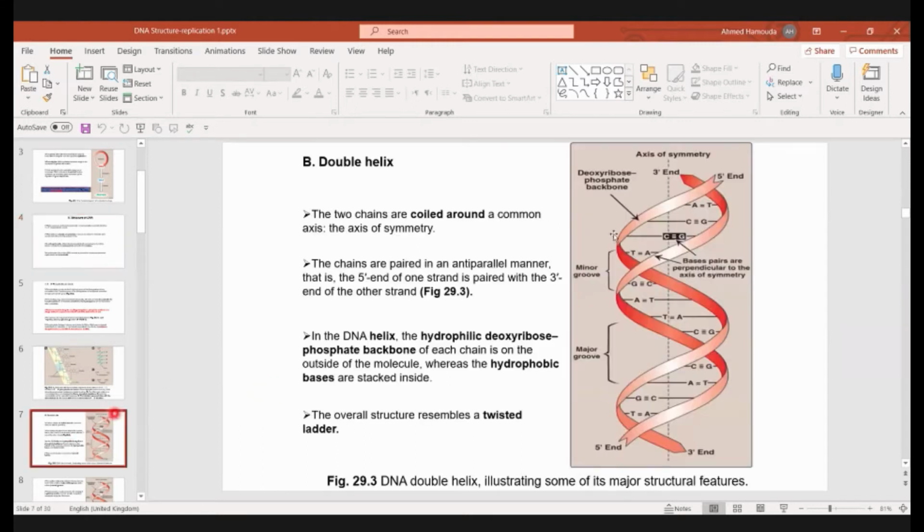This is what it means. You have two strands. This is one strand. This is the second strand. They wind around each other, and it's like a twisted ladder. You see, it's twisted. Okay?